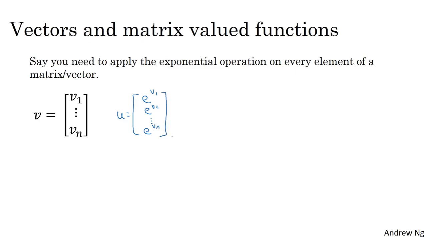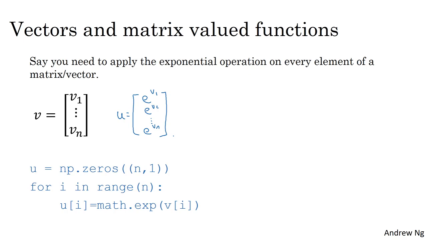This would be a non-vectorized implementation, where first you initialize u to a vector of zeros, and then you have a for loop that computes the elements one at a time. But it turns out that Python and NumPy have many built-in functions that allow you to compute these vectors with just a single call to a single function.